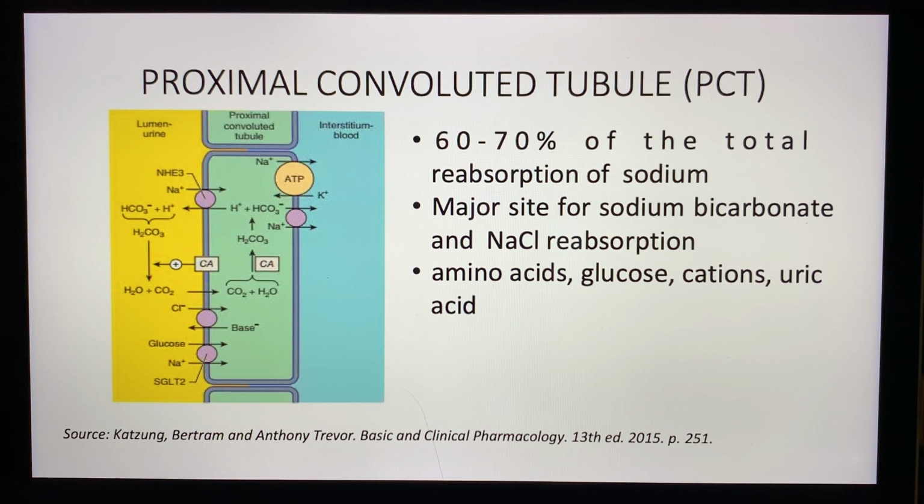So the physiologic pearl, 60 to 70% of the total reabsorption of sodium you encounter in the proximal convoluted tubules. The proximal convoluted tubules is also the major site for the reabsorption of both sodium bicarbonate and sodium chloride, as well as other substances like amino acids, glucose, cations, and uric acid.